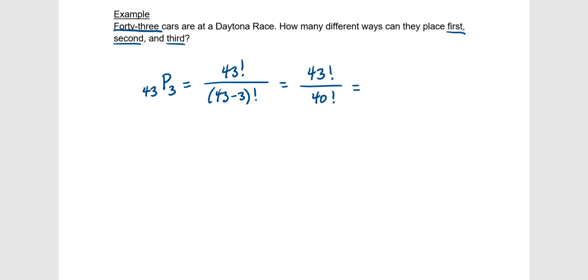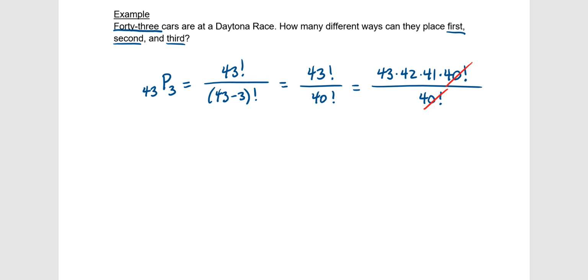So for the numerator, instead of writing out 43 times 42 times 41 all the way to 3 times 2 times 1, I'm going to write this out the way I did it before. 43 times 42 times 41 times the rest of it, which is 40 factorial. The reason I stopped there is because the denominator is 40 factorial, and you know those are all going to cancel out if you wrote them all out.